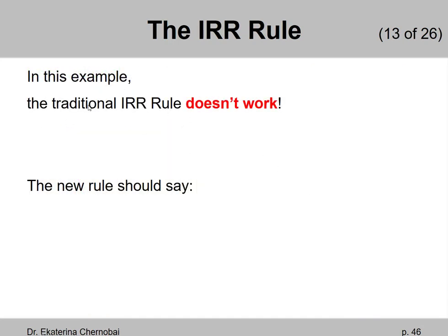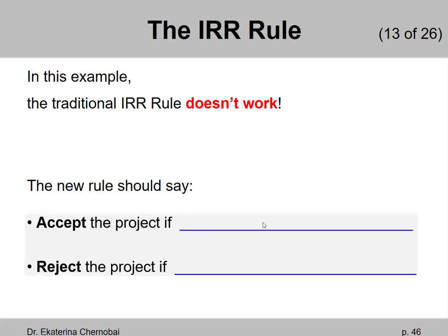And so the traditional IRR rule does not work when we deal with financing type projects. That's the conclusion. And like we already had on the last couple of slides, the new rule should be rewritten completely and say something like accept the project if the IRR is less than the required return, and reject the project if the IRR is greater than the required return.